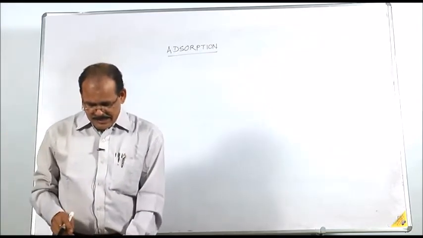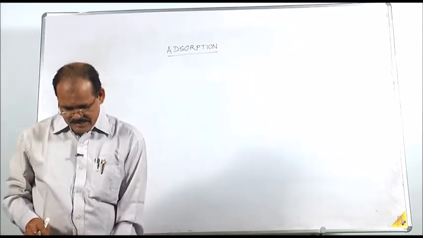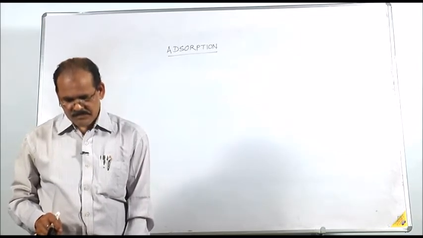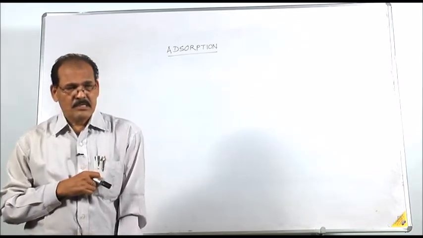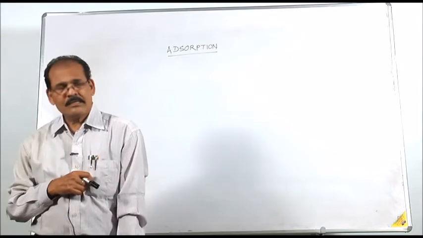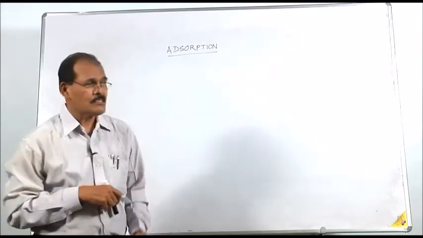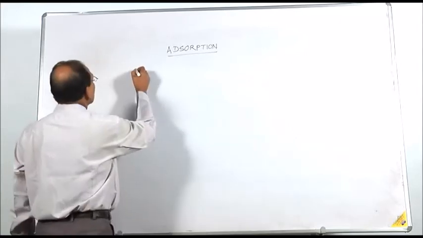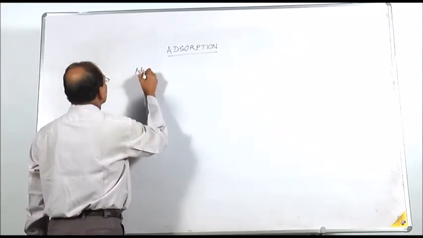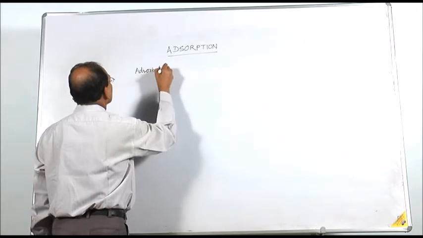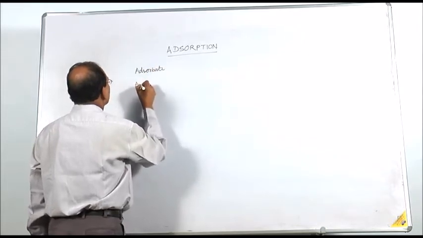In that case, the substance at the surface that is adsorbed is known as adsorbate, and the substance on which it is adsorbed is known as adsorbent. So there are two things, adsorbate and adsorbent.